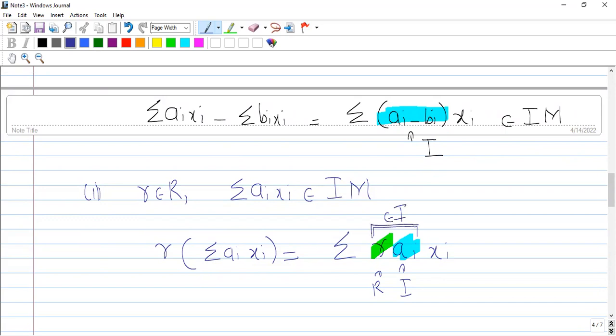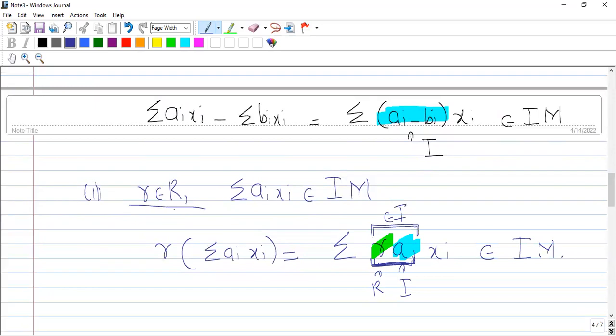So r a_i is an element of I, which means the whole linear combination, multiplied with x_i, is an element of IM.